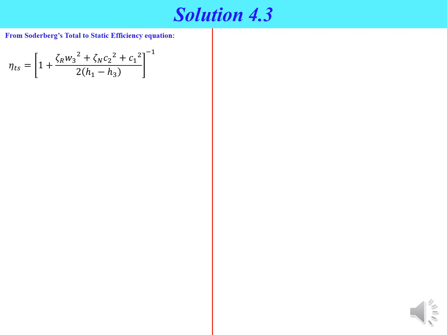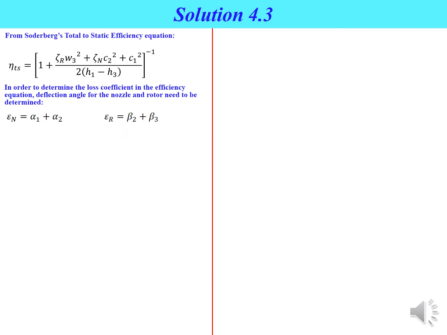And in the equation also we need to determine the static enthalpy difference H1 minus H3. So in order to determine the loss coefficient in the efficiency equation, deflection angle for the nozzle and rotor need to be determined, where the deflection angle for the nozzle is equal to alpha 1 plus alpha 2, and deflection angle for the rotor is equal to beta 2 plus beta 3.